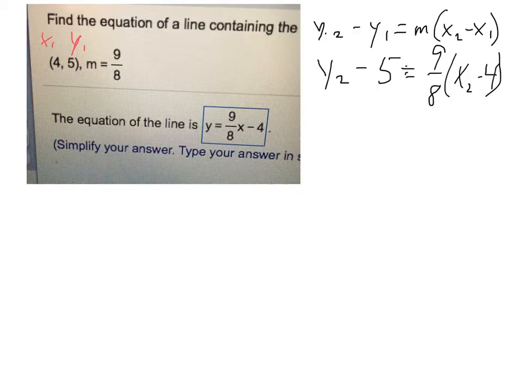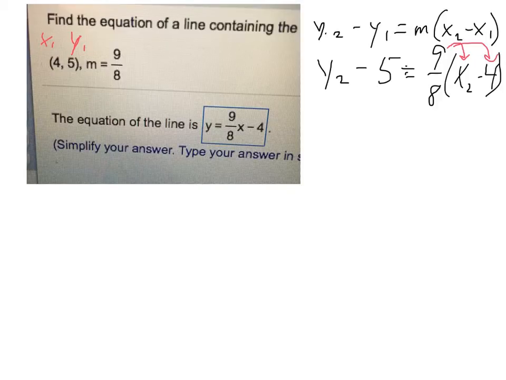Okay, so now what we have to do is we have to use distributive property, because this 9/8 has to apply to this and to this part. So it applies to the x and the -4.